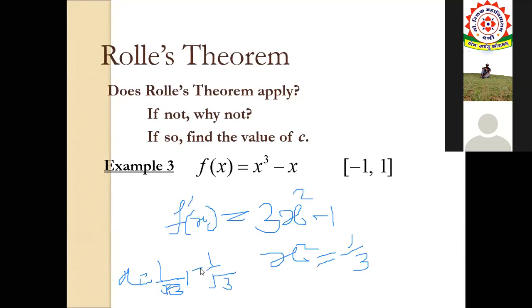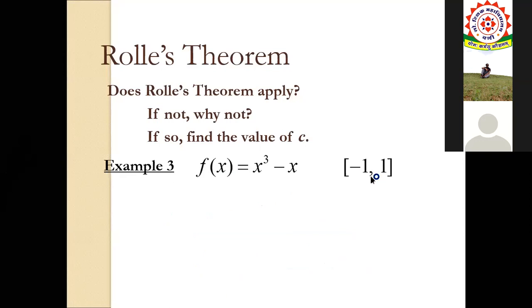So both points lie between -1 and 1. So the derivative has two zeros between -1 and 1. Okay, so again Rolle's theorem applies, and we find the values of c, which are 1 by root 3 and minus 1 by root 3.